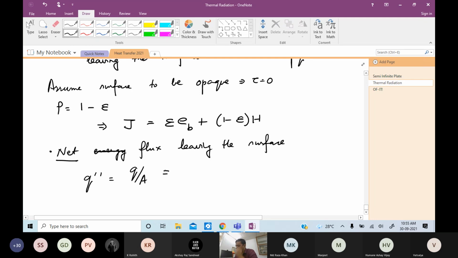Q over A is equal to J minus H. So what is that? Epsilon EB plus (1 minus epsilon) H minus H.